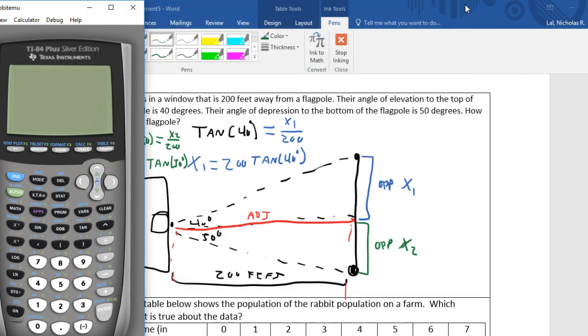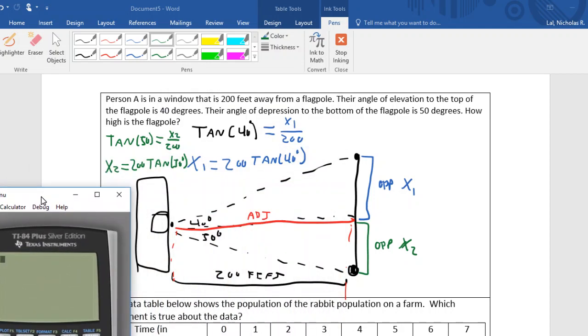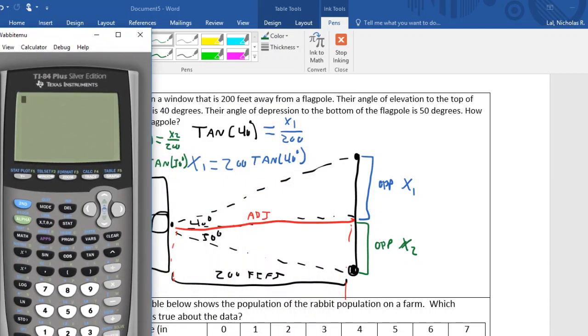Okay, sorry about that. So you need to be in degree mode. 200 times the tangent of 50 plus 200 times the tangent of 40.